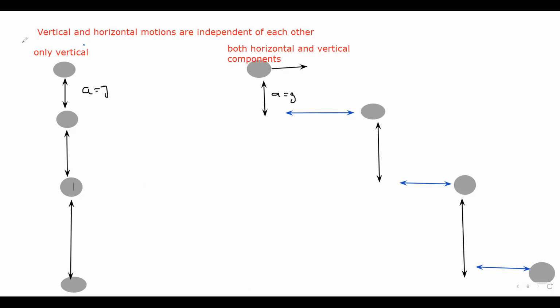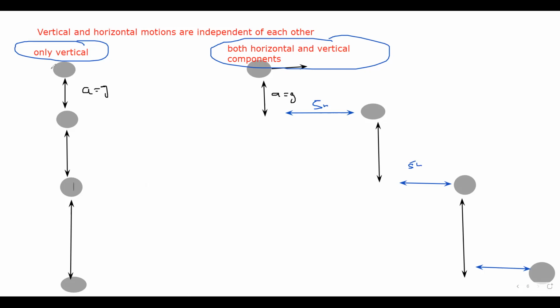This object has only a vertical component, this object has horizontal and vertical. But the vertical positions for both objects are the same, which shows that even if an object has a horizontal component or does not, the vertical component does not depend on it. So if this was 5 meters, this will remain 5 meters.